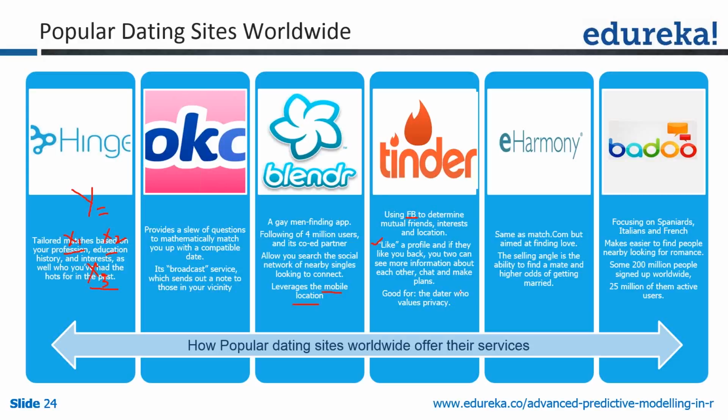Right. So this is good for those who value privacy. So what happens? Not just that, you're also going to look into what kind of a person the other side is, right? There can be a lot of fraudulent people who might register their profile and do some kind of fraudulent things by stealing your images, posting them in some unwarranted locations and things like that.